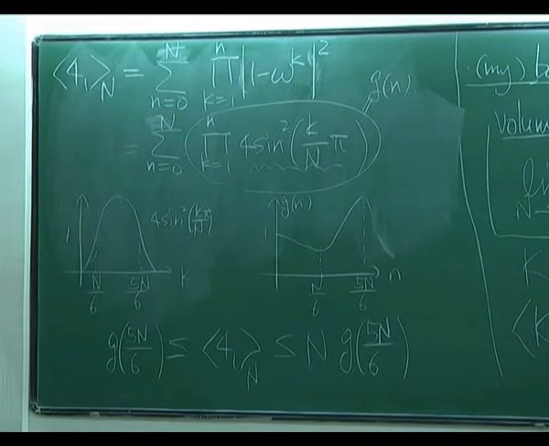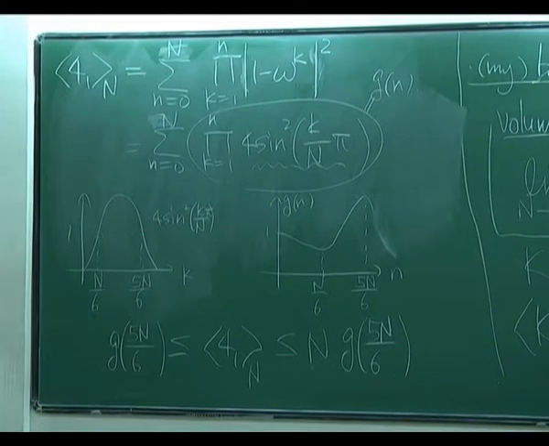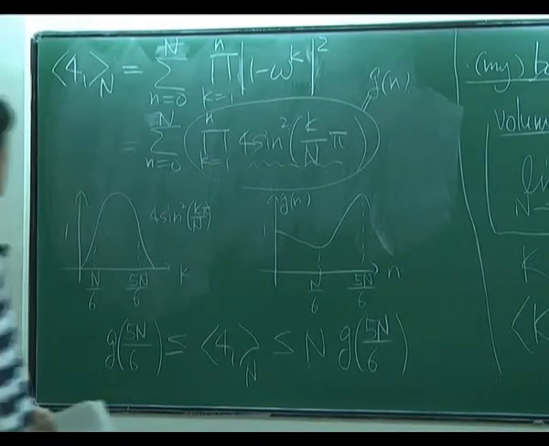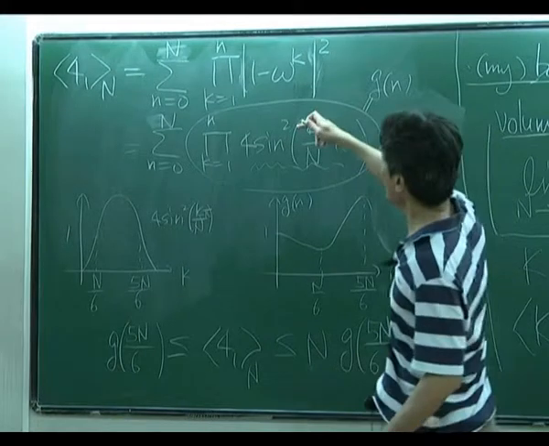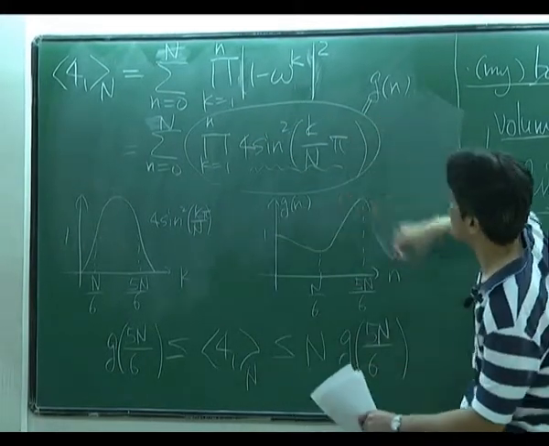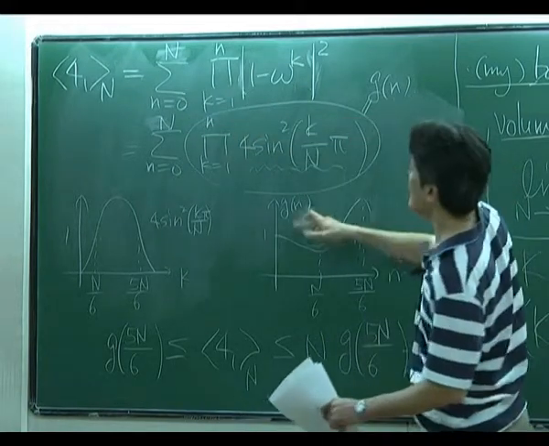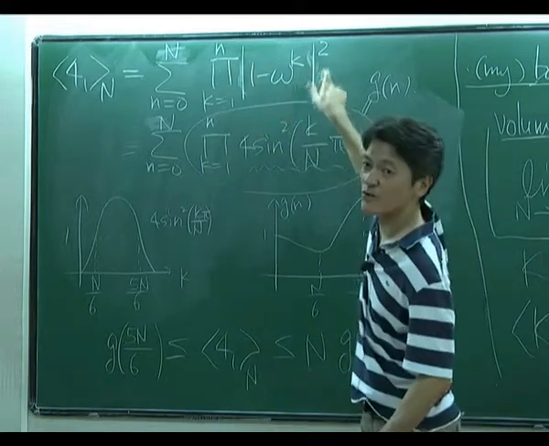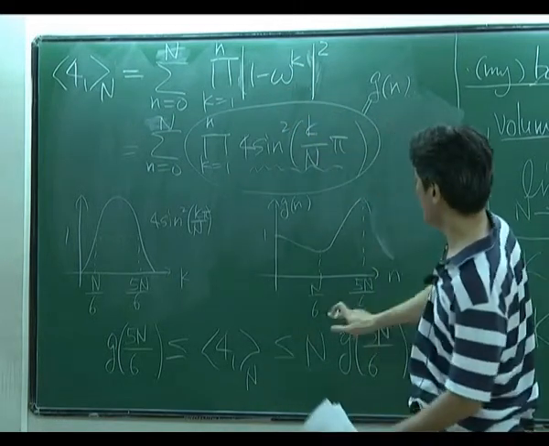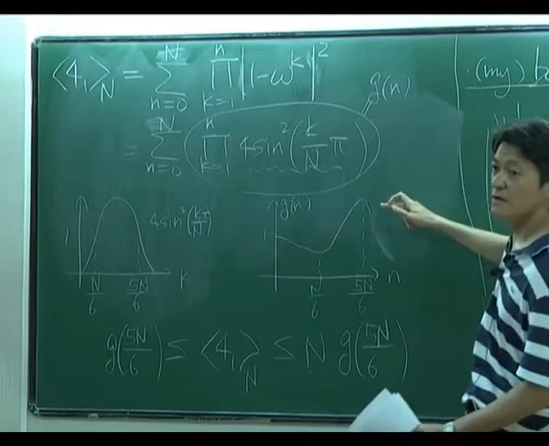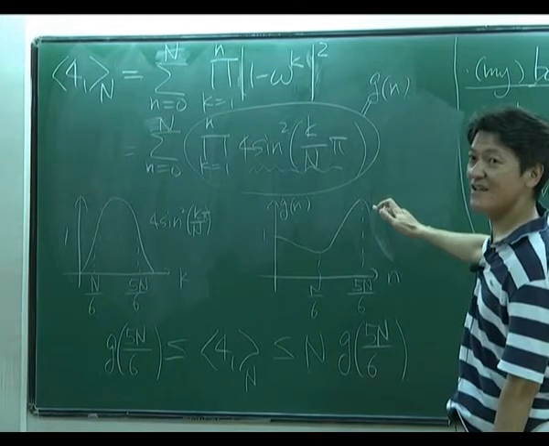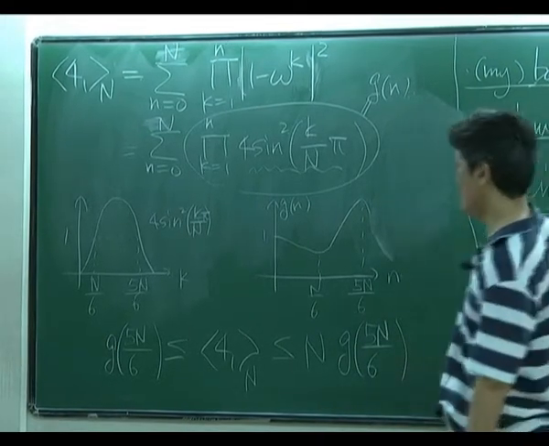The lower value is n over 6. It always takes a sum of these values, so this one is always positive, so it is always larger than this value. Okay. The lower bound is, if n equals 6, the very first term, g of 5n over 6.